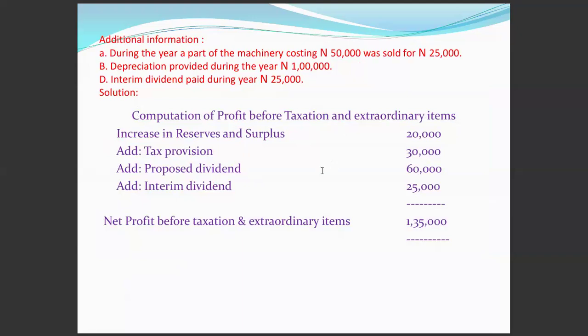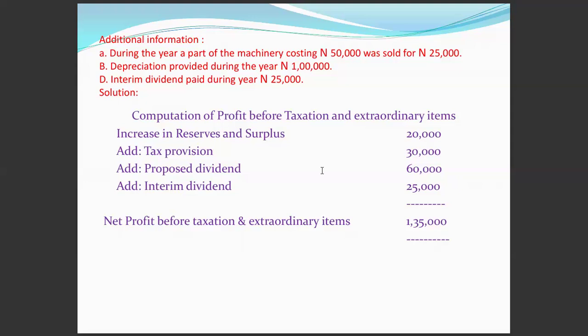In this numerical, if they are given the net profit is 2 lakh, so 2 lakh plus 1,35,000, the profit may be 3,35,000. Or they are given loss of 2 lakhs and the profit is 1,35,000. Then in this case, the 2 lakh minus 1,35,000, that is 65,000, will be shown as loss.